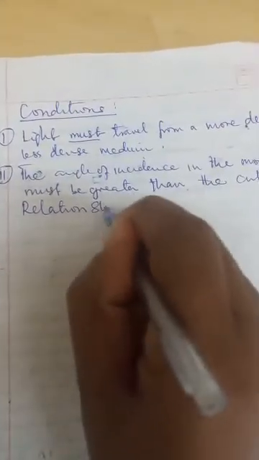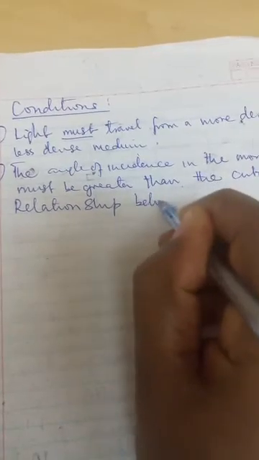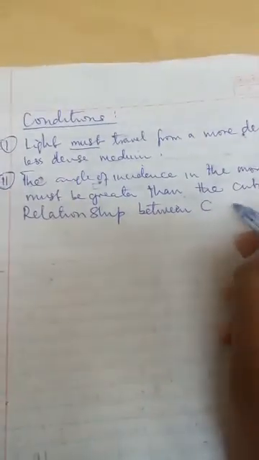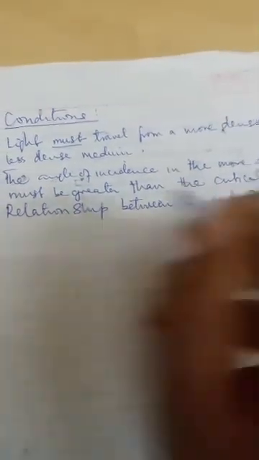The next important thing we need to look at is the relationship between the critical angle C and the refractive index. This comes from our second diagram.